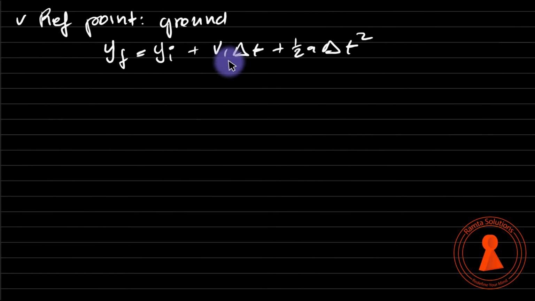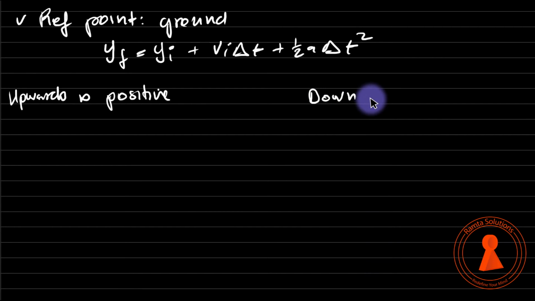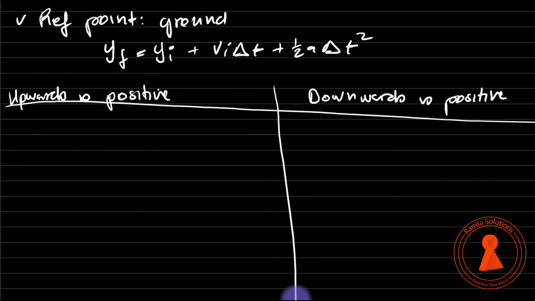Okay, now here, let's see what we have. Upwards is positive, and downwards is positive. So what we have, we still have upwards is positive.